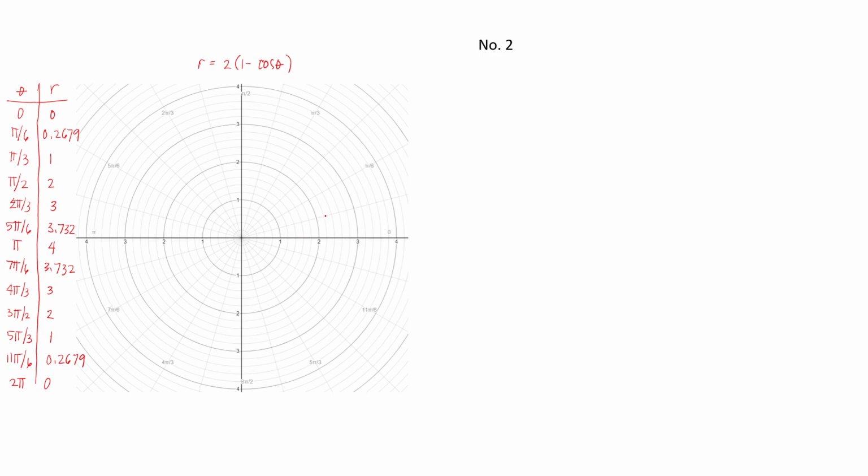So upon graphing, again start with 0 angle. So it's 0. It's at the center. And then next is 0.26 or 0.27. So it's probably at this point here.